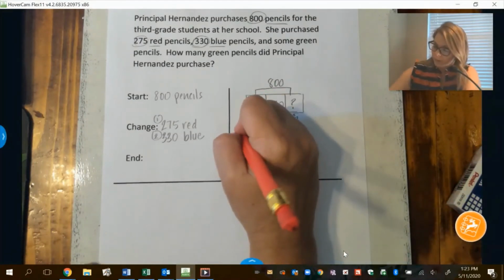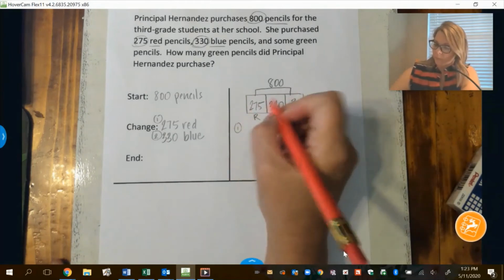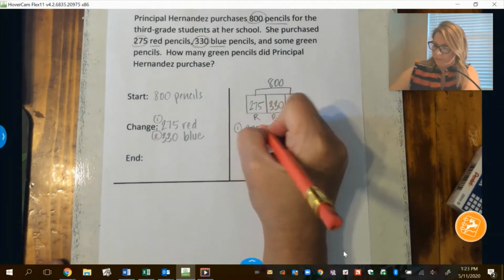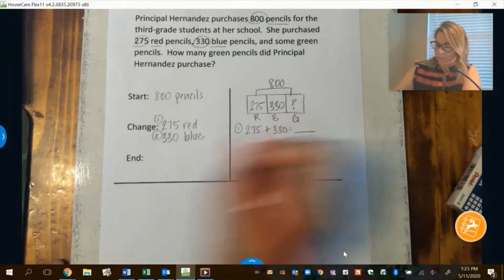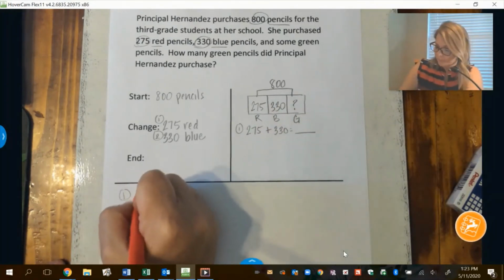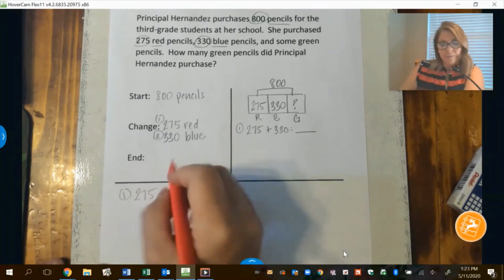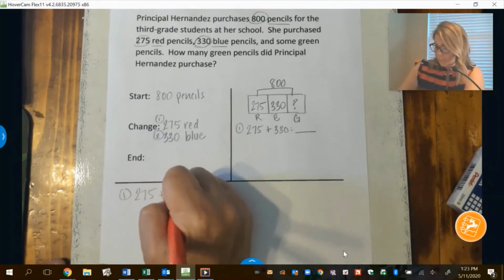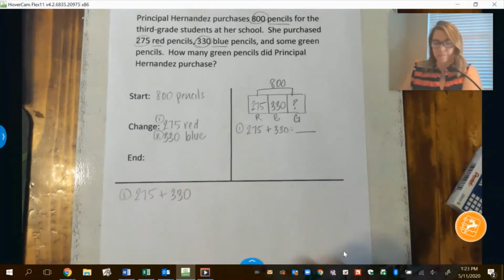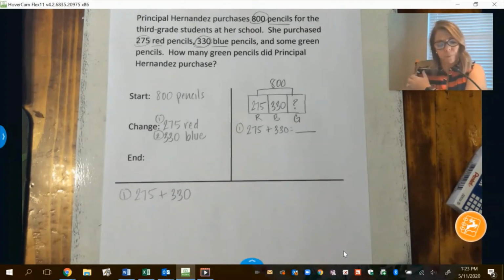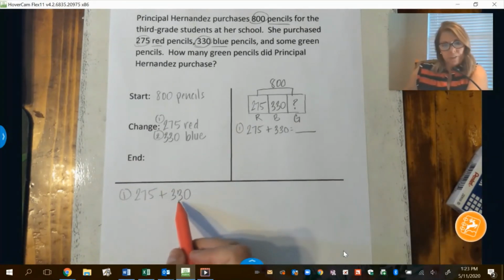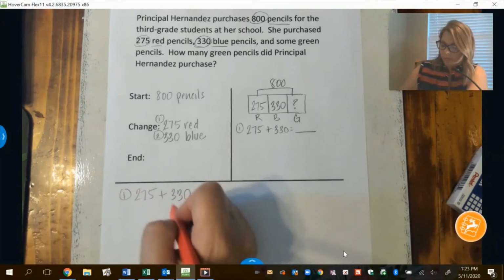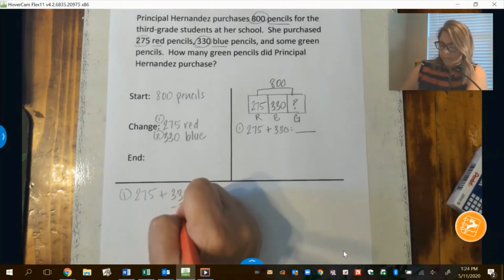All right, so it looks like our first step, let's put our red and blue together. 275 plus 330 equals blank. So let's come down here. 275 plus 330. You can do number line for this if you'd like, but I think I can get this one fairly quickly to 300 just by taking away 30.